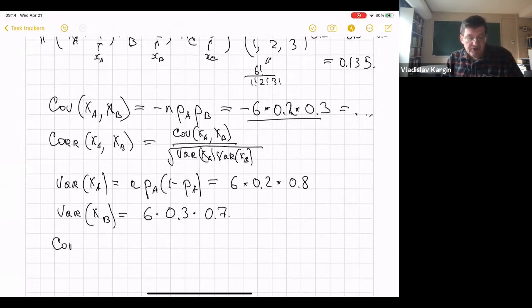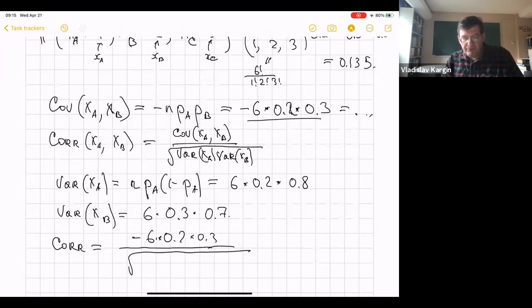And then the correlation in this case will be equal to minus 6 times 0.2 times 0.3, divided by the square root of 6 times 0.2 times 0.8, multiplied by 6 times 0.3 times 0.7.